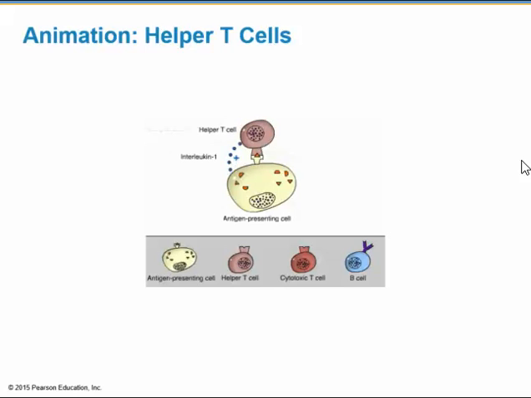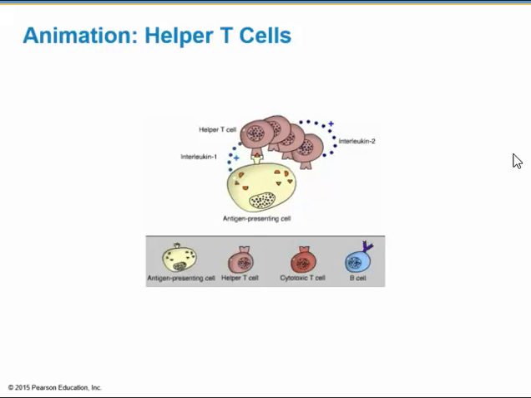The antigen-presenting cell secretes interleukin-1. Both interleukin-1 and contact with the antigen-presenting cells activate specific helper T cells to divide and grow into many cells with the same receptors. The helper T cells next activate other cells in the immune system by secreting another stimulatory protein, interleukin-2.